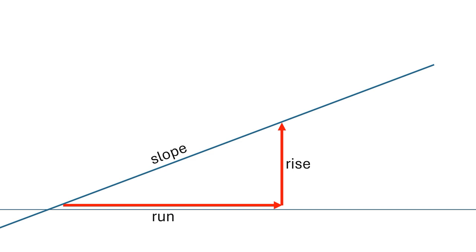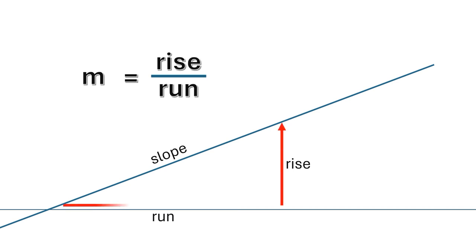Now in math, we'll refer to slope with a very special variable, which is m. So anytime we're talking about m, we're referring to the slope. And the formula for calculating slope is rise over run.